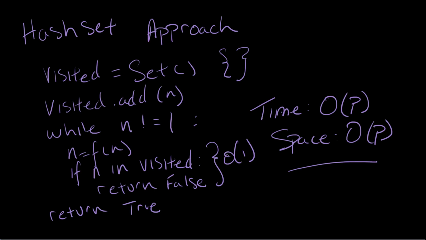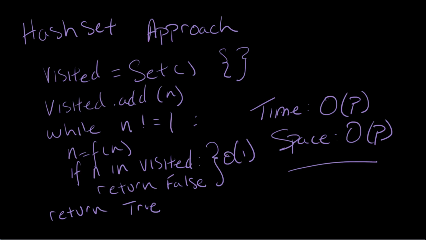The reason being that you will always have to look at every step, assuming that you don't have any time to pre-compute everything, which in an interview, of course you wouldn't. We have to at least traverse the path.